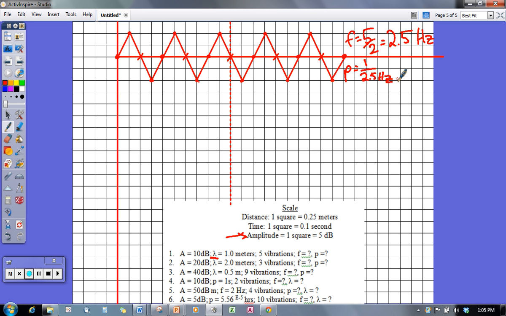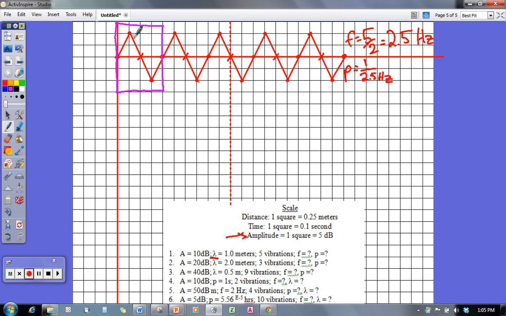So a good way to do this is to look at your graph. The period is how many seconds per wave. So where's one wave? One crest and one trough. So this is one wave, right?